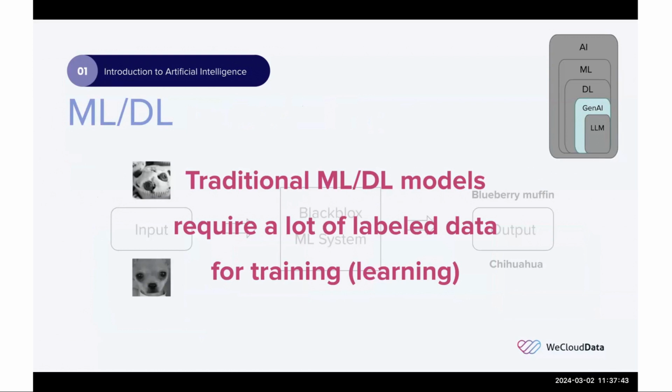You need to tell the machine learning algorithm that the first picture is a chihuahua, the second picture is a blueberry muffin, and for every image you feed into the computer vision deep learning algorithm, you need to tell it the label, whether it's chihuahua or blueberry muffin. So that requires us to label the data, and it cannot learn automatically, right?